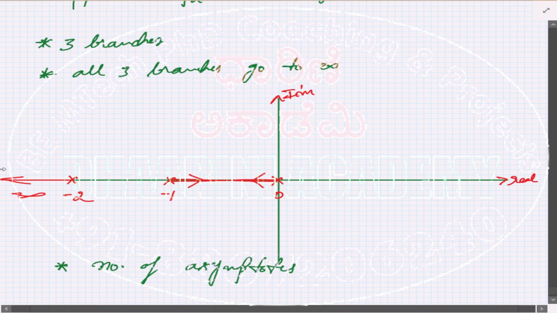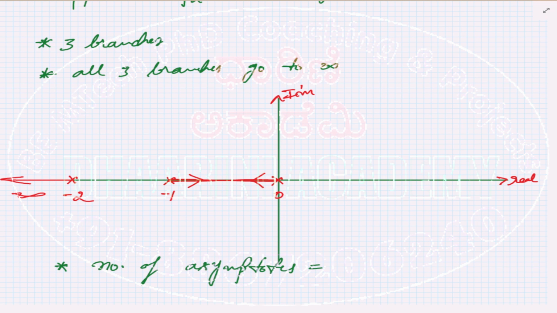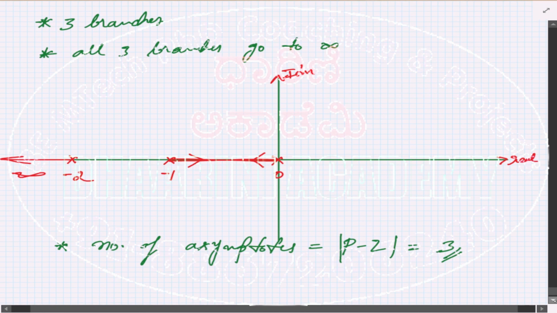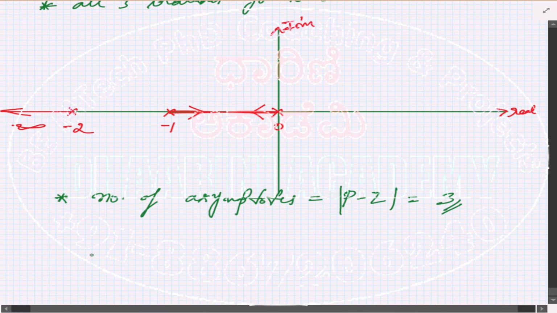Any branch that goes to infinity actually needs an asymptote. So what is the equation for the number of asymptotes? It's P minus Z, the magnitude, so that means 3 minus 0. So three asymptotes are there, which means first let's calculate the centroid.